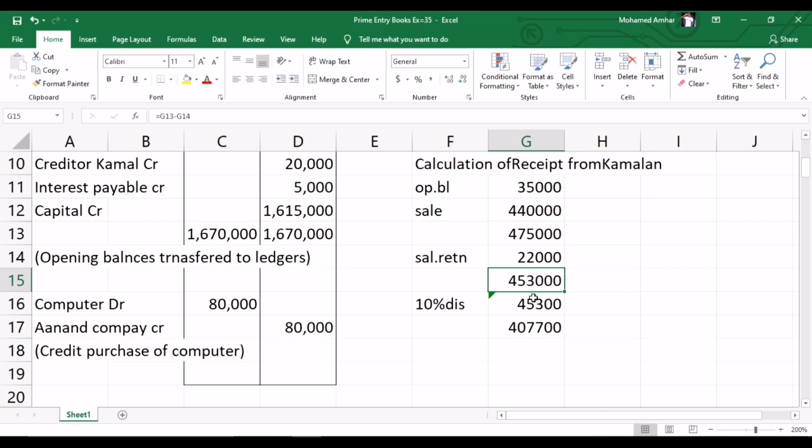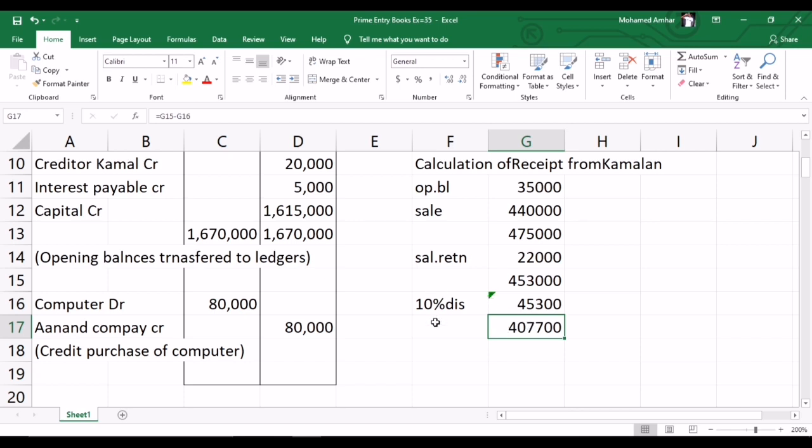Now, when paying this, the business is allowing him a 10% discount. So 10% discount is 45,300. So balance money he should give is 407,700.